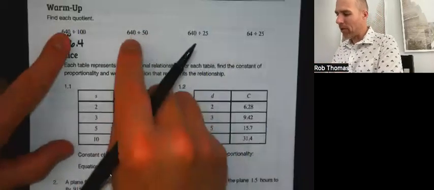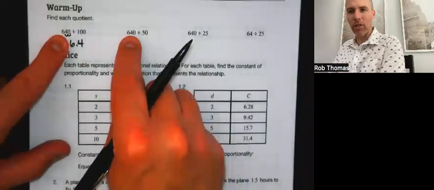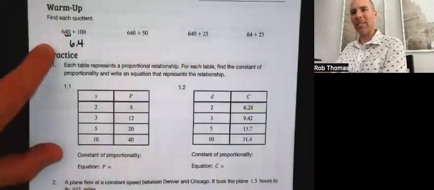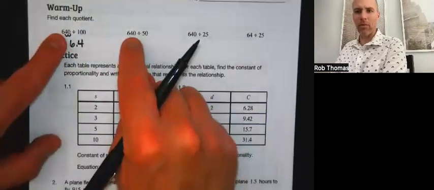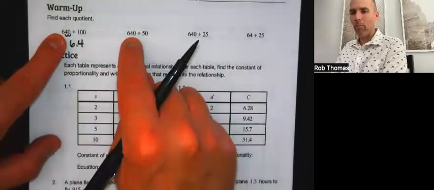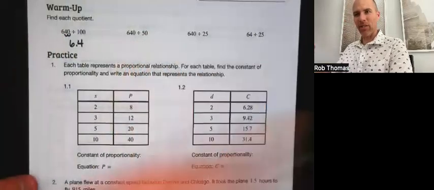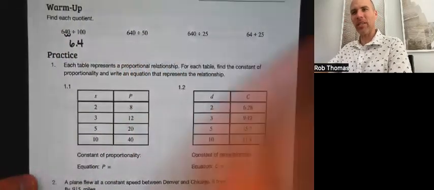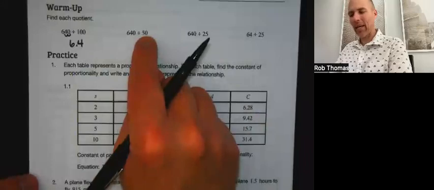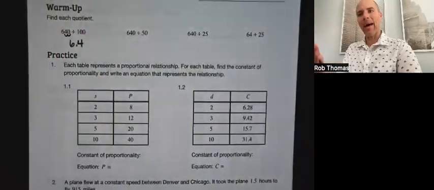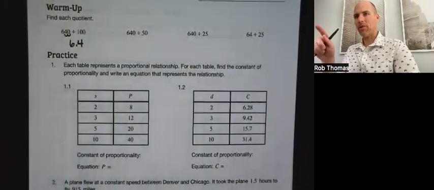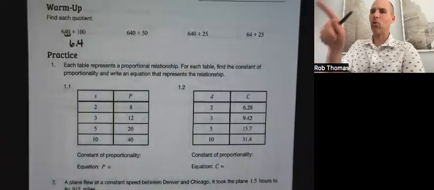The first number in the next question, the dividend, the thing being divided, is the same as the one in the first question. But the divisor, the one doing the dividing, is only half as big. So if you take the same thing and divide it into half as many pieces, those pieces should wind up being twice as big.